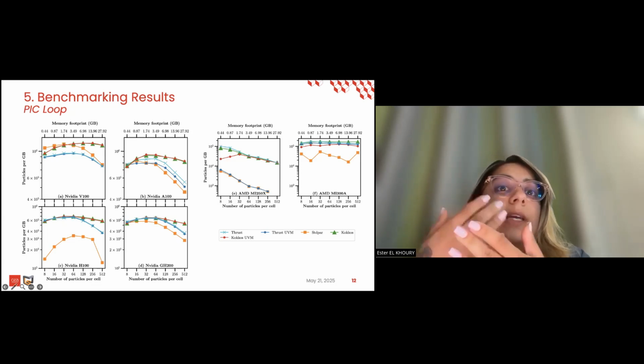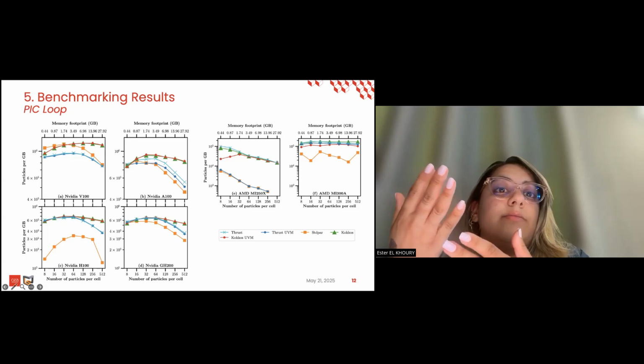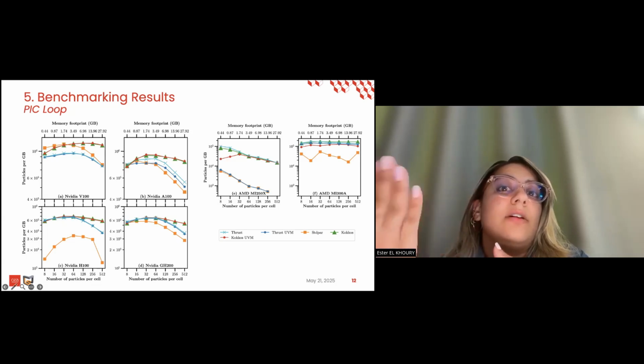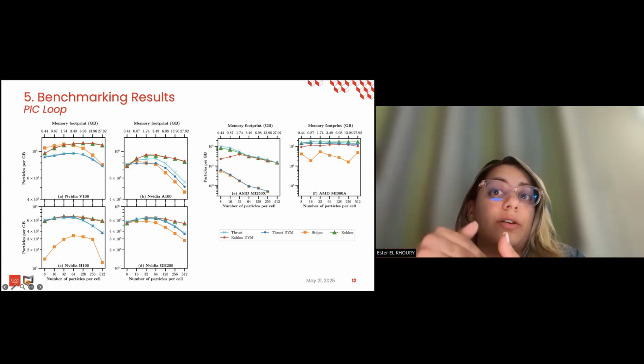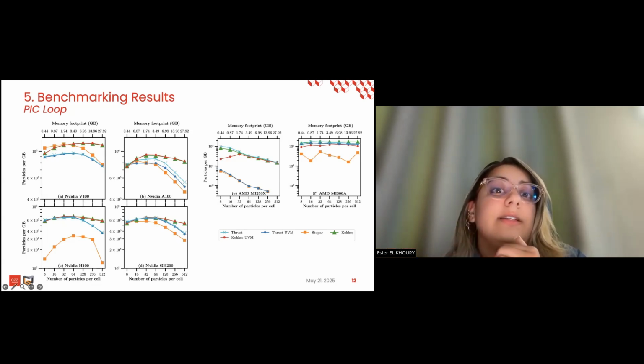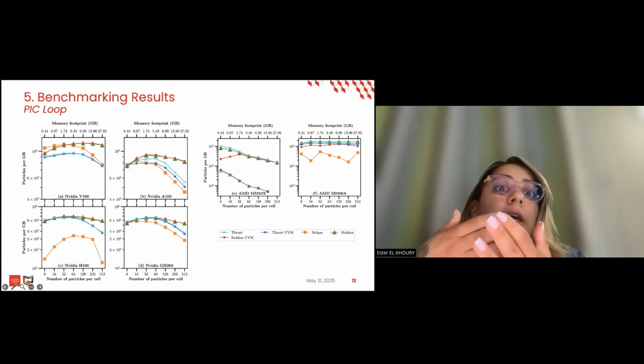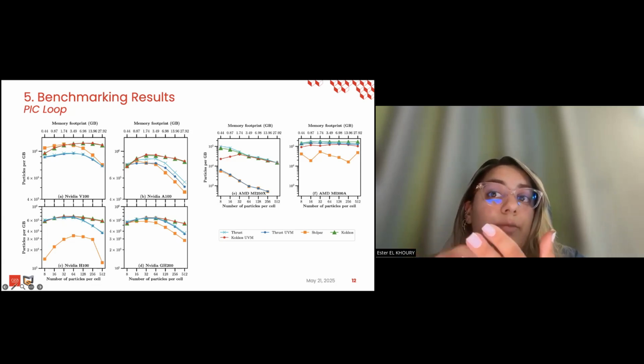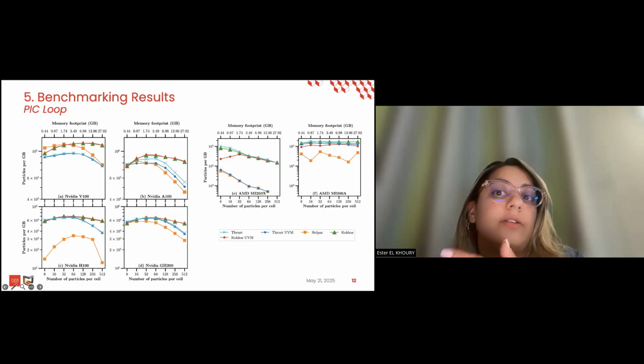So overall, we can see that Thrust UVM is always a little bit behind Kokkos in performance. STD-PAR is a little behind Thrust and Thrust UVM in performance. But for example, on the H100, STD-PAR performs especially poorly, achieving only half the throughput of Thrust, while Thrust UVM, Kokkos and Kokkos UVM remain stable.